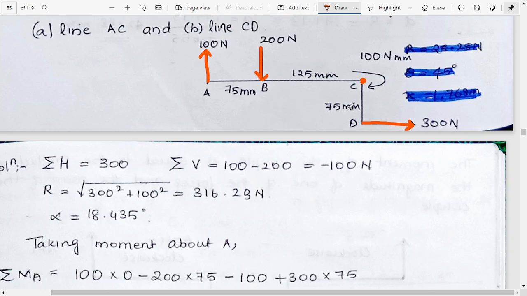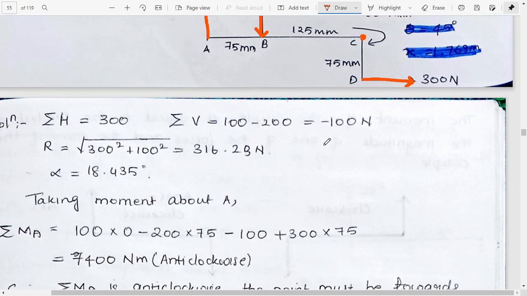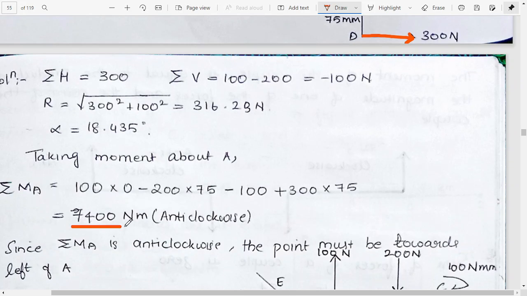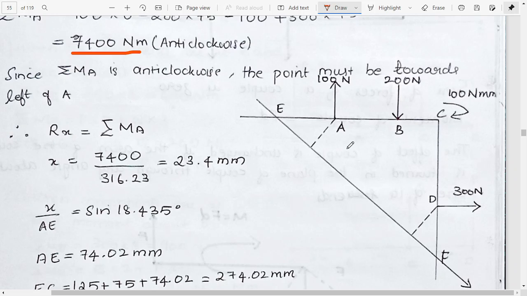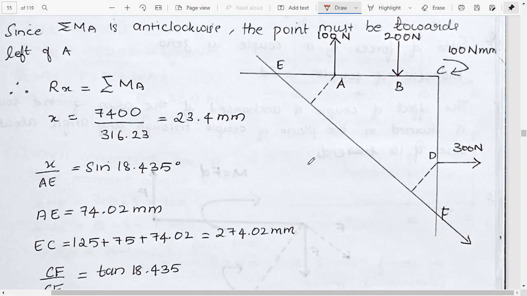So we can write 300 into 75. From that we'll get a value of 7400 Newton meter in anti-clockwise direction. Now since MA is anti-clockwise, the point must be towards the left of A. So the resultant will be somewhat like this.